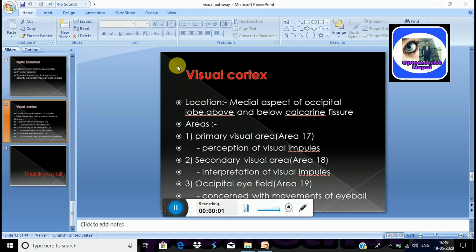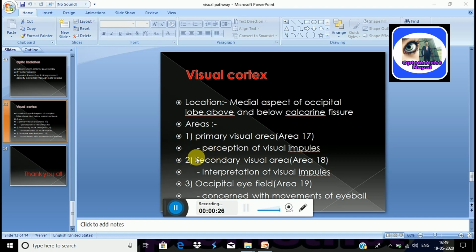And the last one is the visual cortex. Location: medial aspect of the occipital lobe, above and below the calcarine fissure. The visual cortex consists of 3 areas. First one is the primary visual area, that is area 17, where perception of visual impulses takes place.